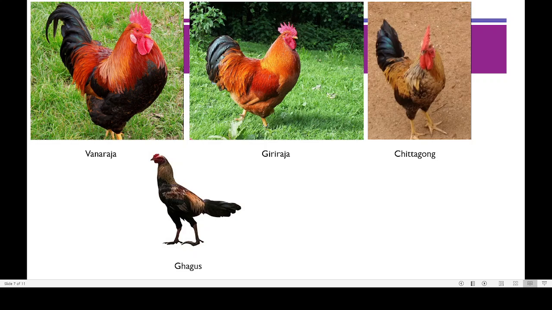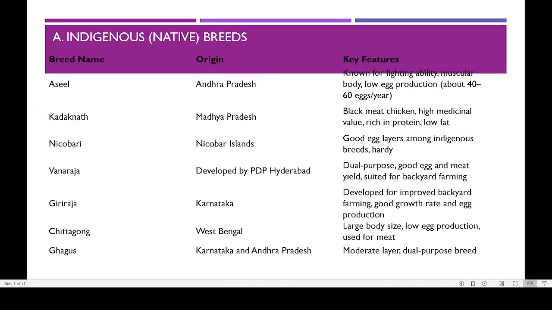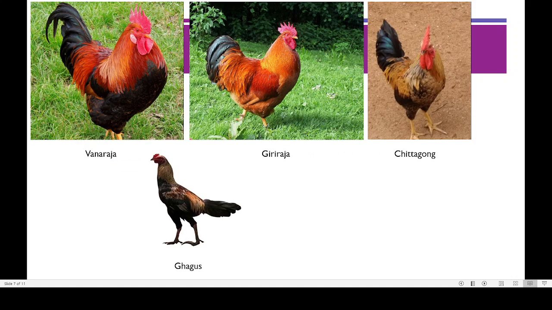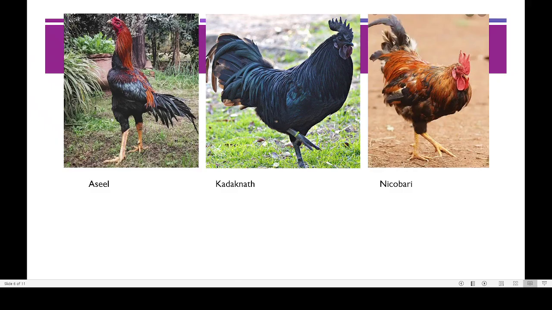Then we have a few more breeds. The Chittagong breed has a larger body size, produces few eggs, and is mainly used for meat. Chittagong is in the Assam area. That type of breed is slim and is mainly used for producing meat.